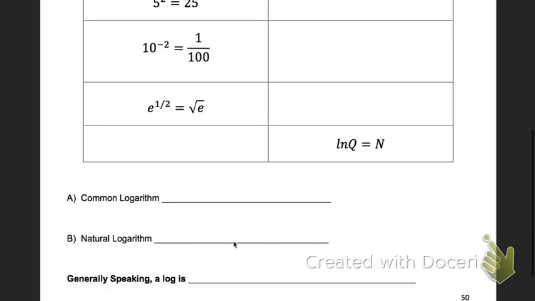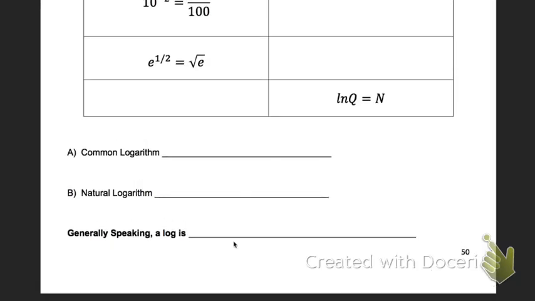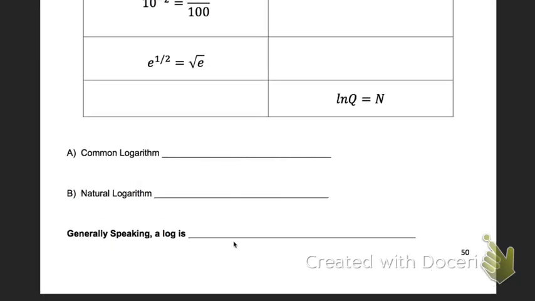So the most common logarithm that you see, like if you were to just type in log into your calculator, has a base of 10. So if the base is 10, it looks like log base 10 of, let's just say, m, like any number.